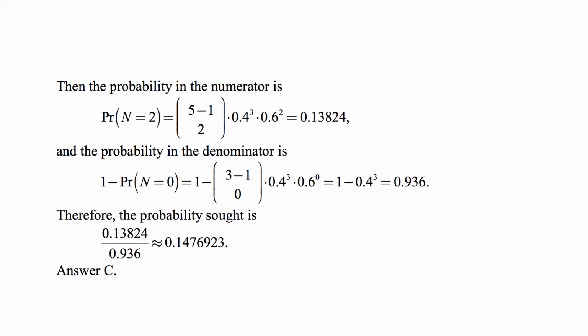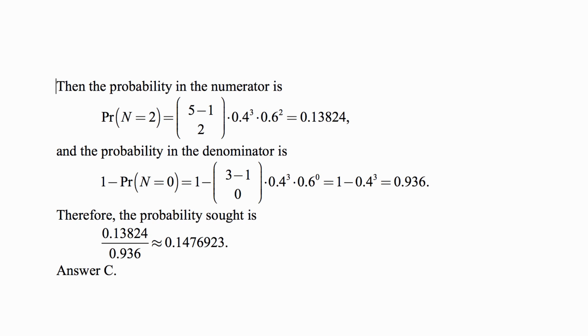And the probability in the denominator is 1 minus the probability that N is 0. Because when N is 0, that means that you had success, success, success, no failures, and then you get 3 successes.